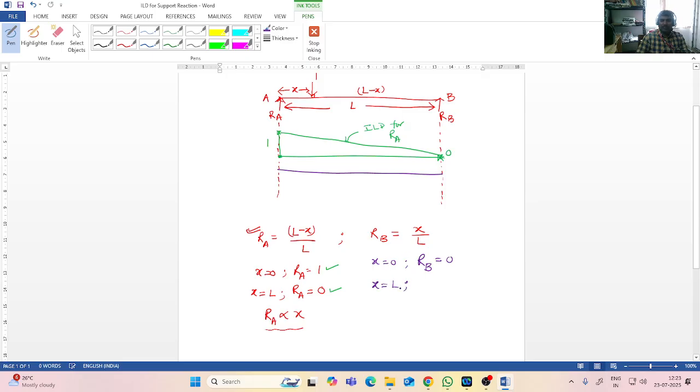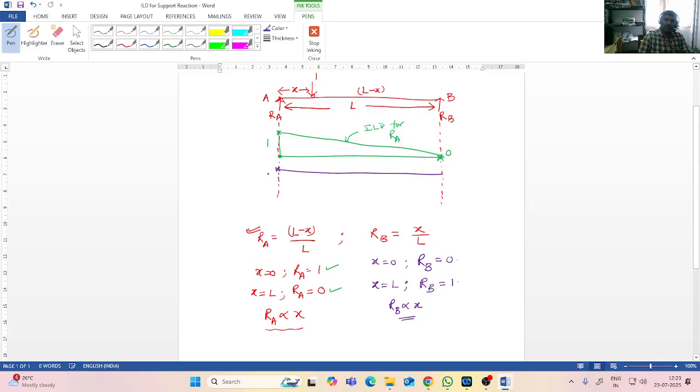When the load reaches support B, the reaction at B becomes 1 when you substitute x equal to L. So the reaction at B varies from 0 to 1, and by observation RB is proportional to x, which means it also follows a straight line pattern.